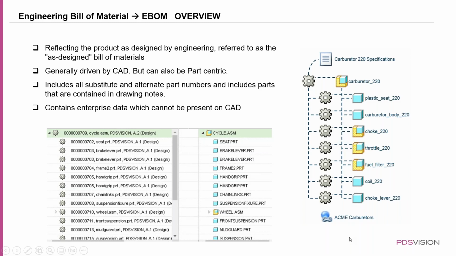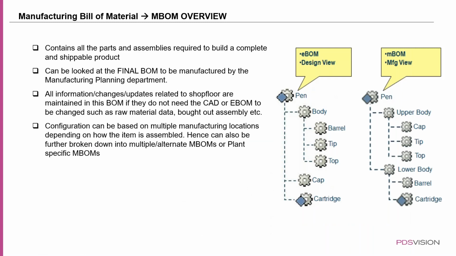Now let's go to what is M bill of material. So sorry, once we have an engineering bill of material, which is being designed by the business processes for a particular organization, if we want to have the manufacturing department also have a look at it or give their own views or feedback on it, say a particular manufacturing department is supposed to be involved during the BOM management process, we usually try to create a copy of this EBOM.